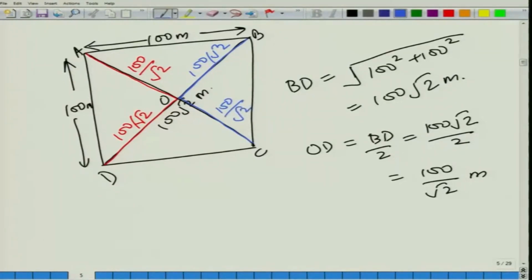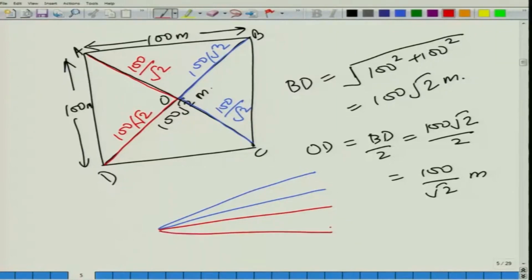So, what do we give to our people who are out there in the field? We will give them a set of ropes. So, we will have 4 ropes with a peg in the center. So, here you have a peg, and all these 4 ropes have the same length.